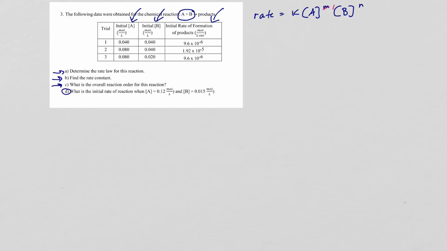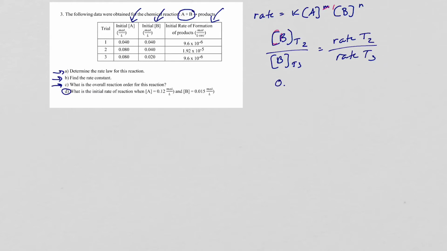Now to find the impact of B on the rate of the reaction, we're going to find 2 trials, trial 2 and trial 3, where A is constant. So we're going to focus on trials 2 and 3. We see trial 2 is larger, so we're going to have the concentration of B from trial 2 divided by the concentration of B from trial 3, and that's going to be equal to the rate from trial 2 divided by the rate of trial 3.